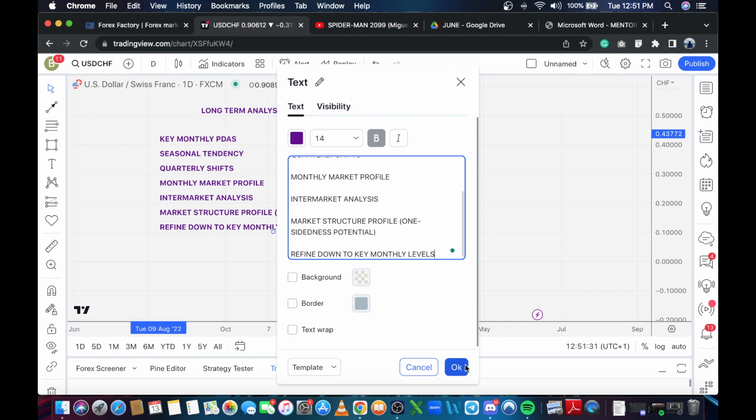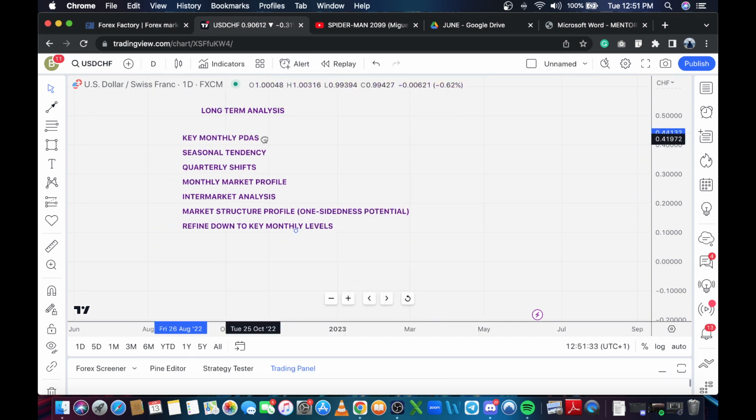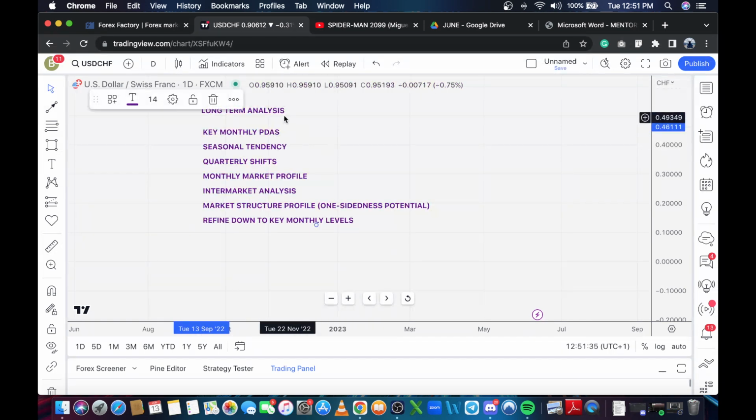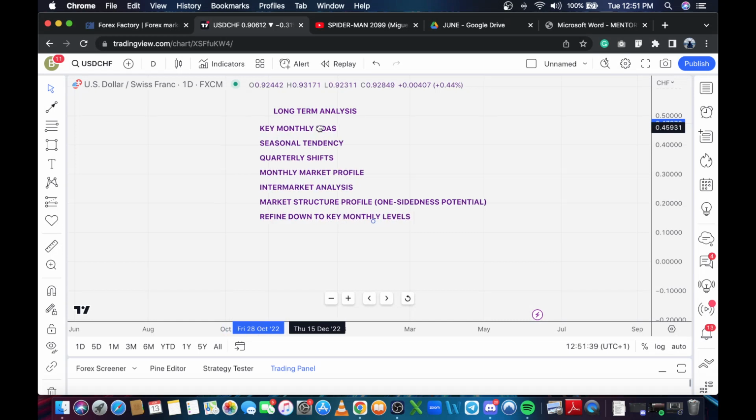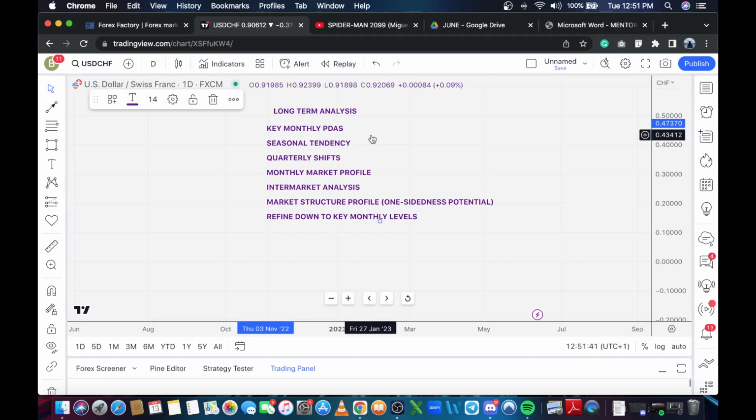Okay, so by going through our checklist for long-term analysis, we first will start with identifying our key monthly PDA levels. So what are our key monthly premium levels, and what are our key monthly discount levels? And then we go down into seasonal tendencies. Does it align with what we think price should be doing? Does that seasonal tendency also align with quarterly shift anticipation?